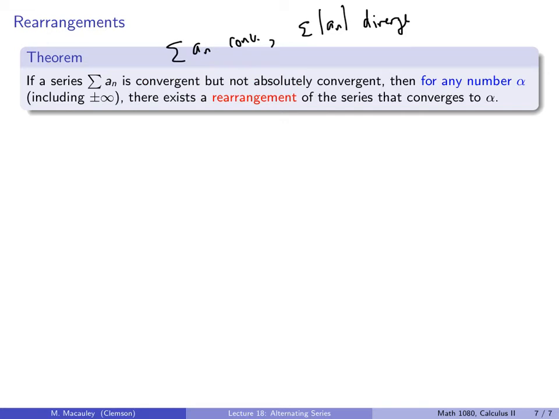So the most basic example of a conditionally convergent series is the alternating harmonic series, so I will use that as an example. Let me take a series a_n: 1 minus 1/2, plus 1/3, and so on, here's the alternating harmonic series, minus 1/6 plus 1/7 minus 1/8 plus or minus.